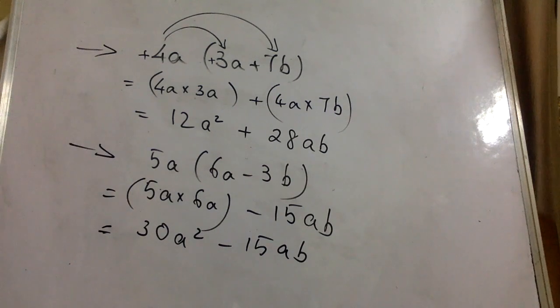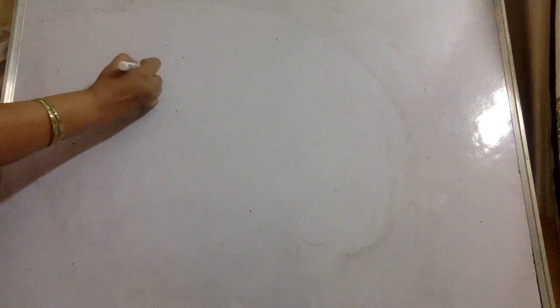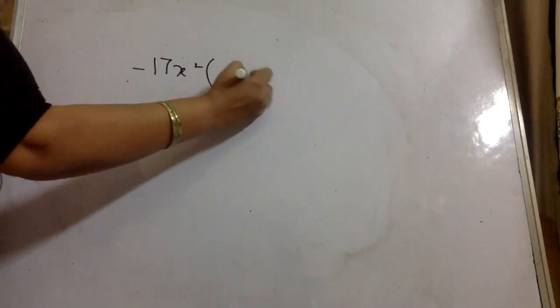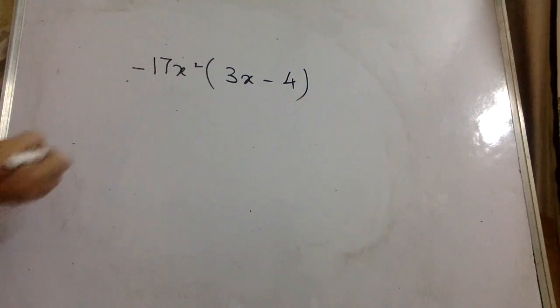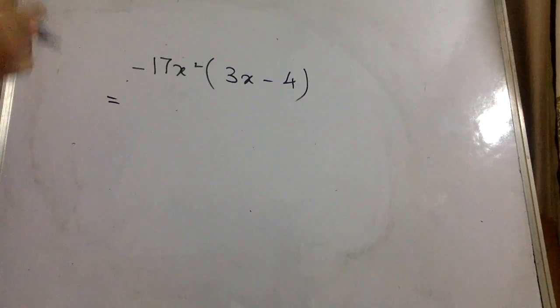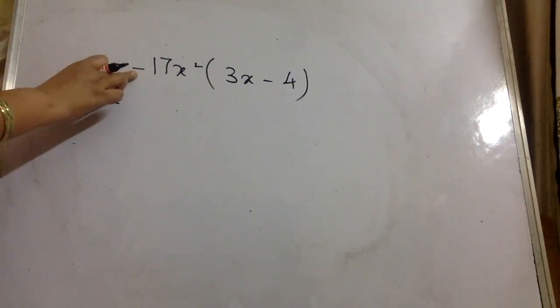Let's see more sums. You'll see a wide variety of sums here. Let's take another example: minus 17x square and 3x minus 4. Now this one is a little different because of this minus sign.